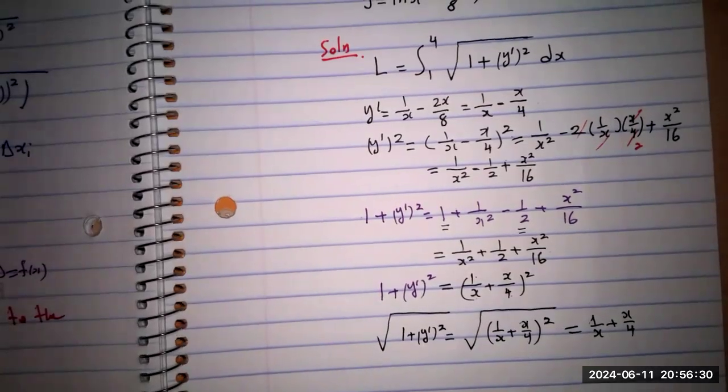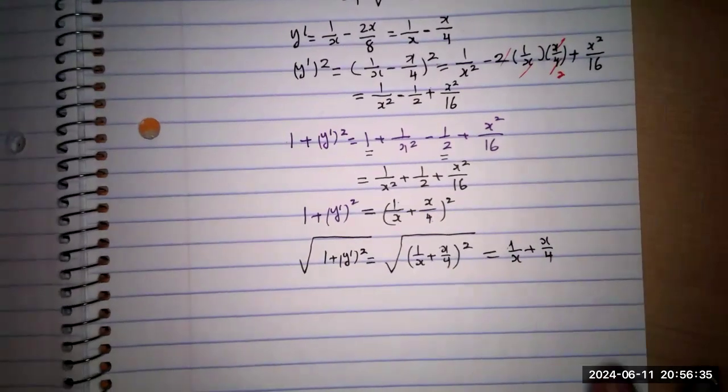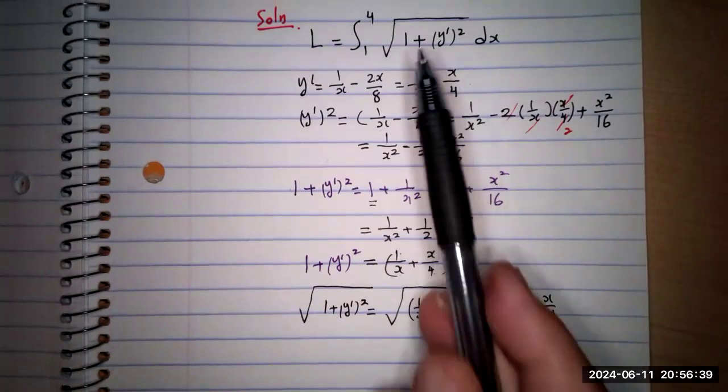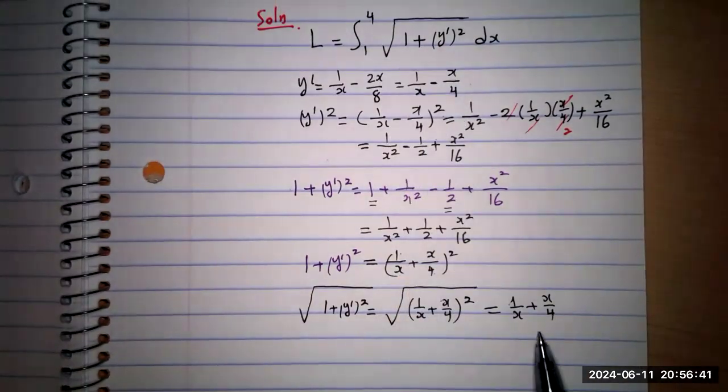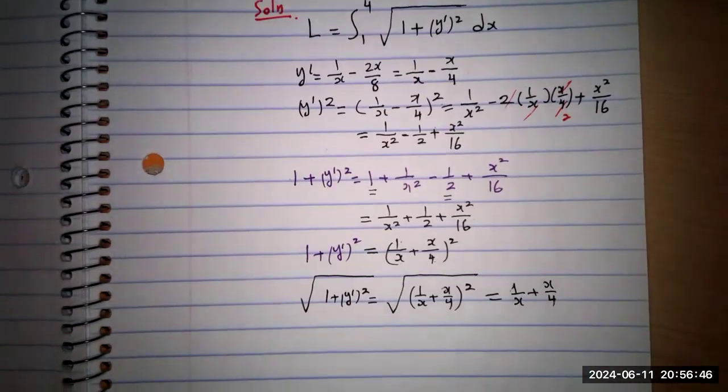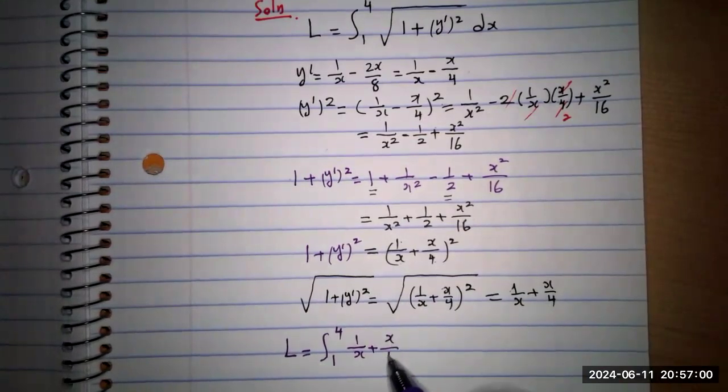You know that when you take the square root, you have to use absolute value, but since everything is positive, you don't need the absolute value. The term inside the radical nicely simplified. So go back and form the arc length. L is equal to the integral from 1 to 4 of 1 over x plus x over 4 dx. Easy integral to find.